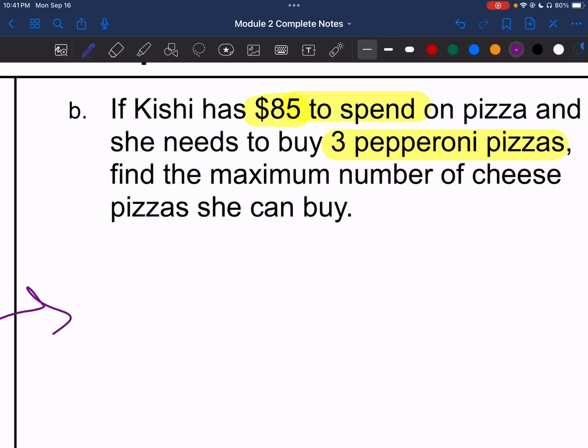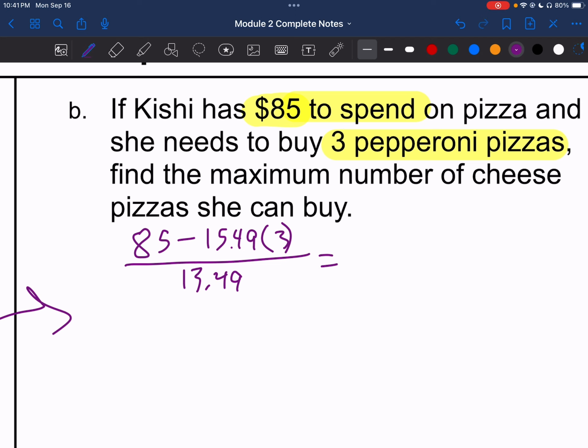So we substitute in 85 for the total minus 15.49 times the 3 pizzas that we're buying that are pepperoni over 13.49, and that's going to be equal to our cheese pizzas.